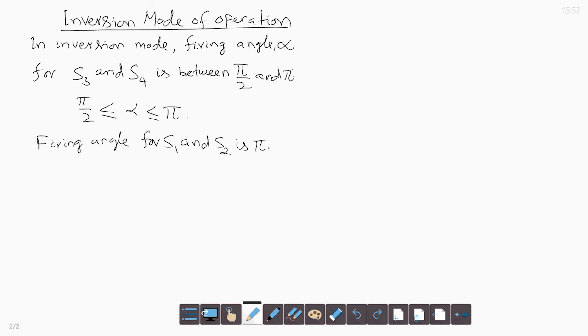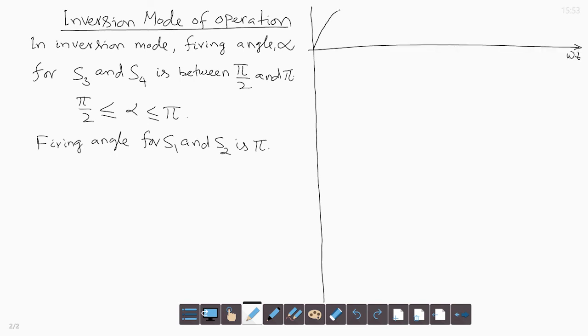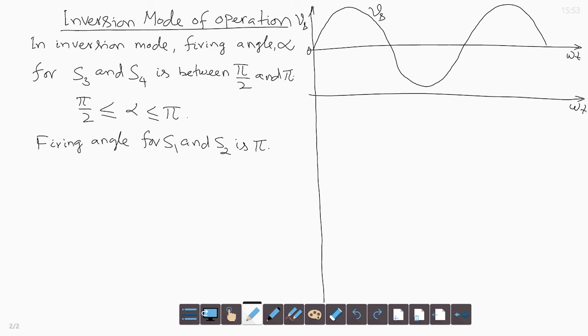So we will see the waveforms. This is the supply voltage waveform Vs. Then we will draw the firing pulses. First Ig1.